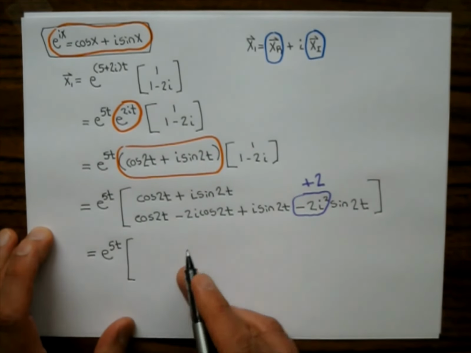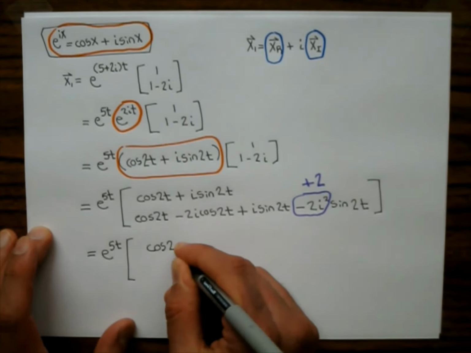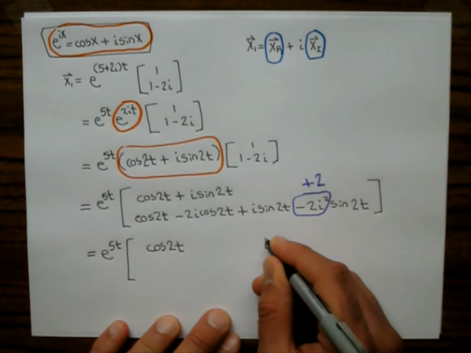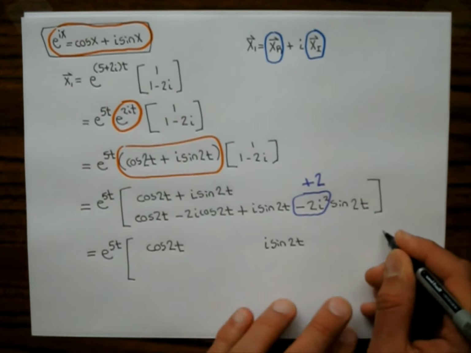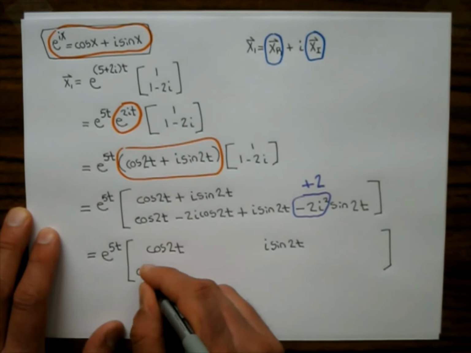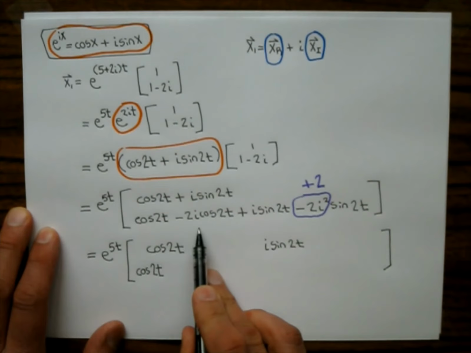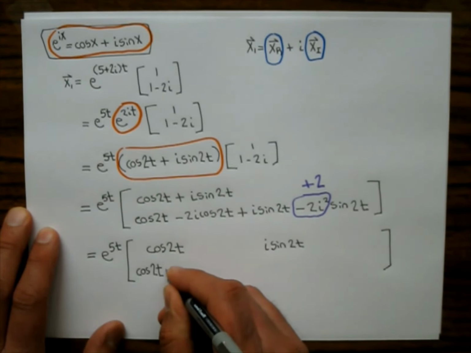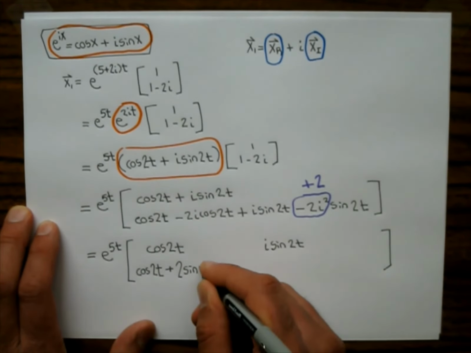So I'm going to say to these terms, the top one's pretty easy. I'm going to put the cosine 2t on the left, leave a space, and then i sine 2t. On the bottom, I have a cosine 2t, and then the other thing that does not have an i is the purple one here, 2, so we have plus 2 sine 2t.